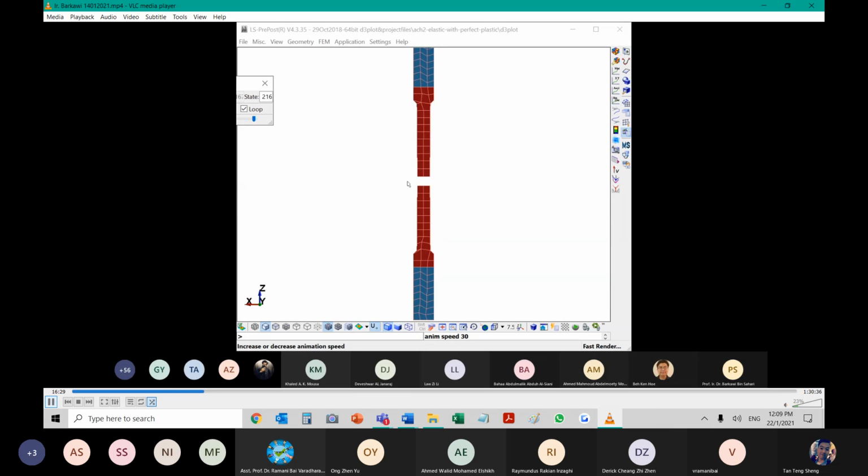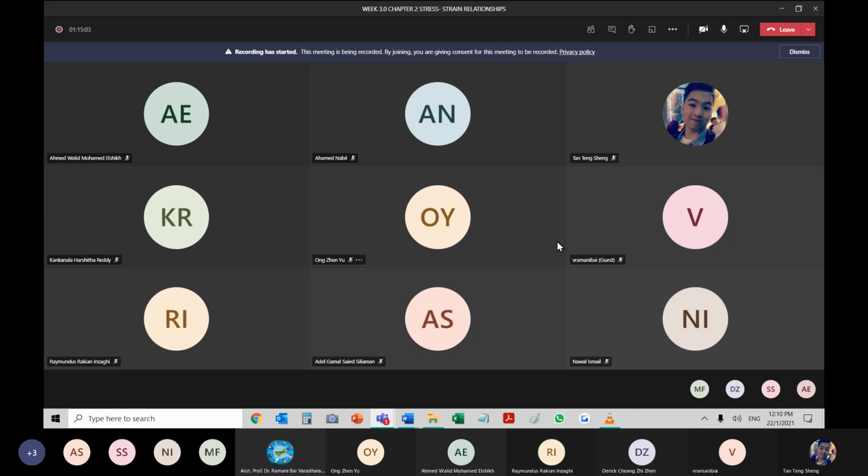At the end of the loading, it will break. Okay, you got it, how the animation is taking place.